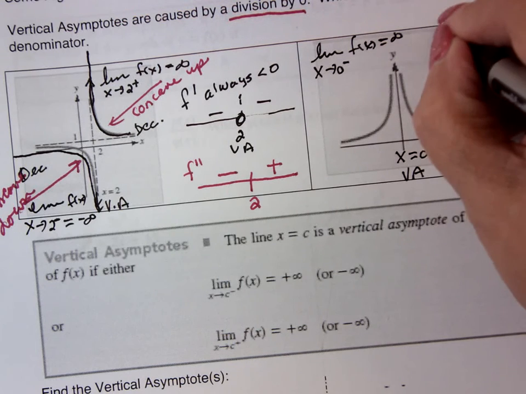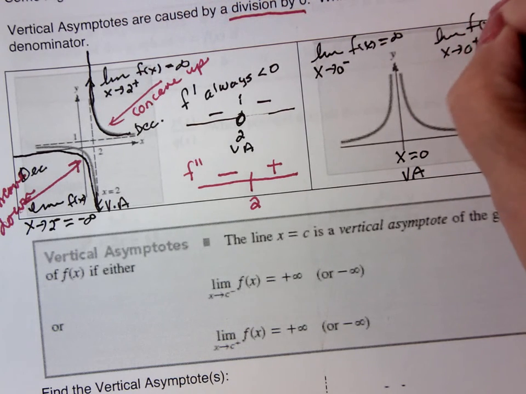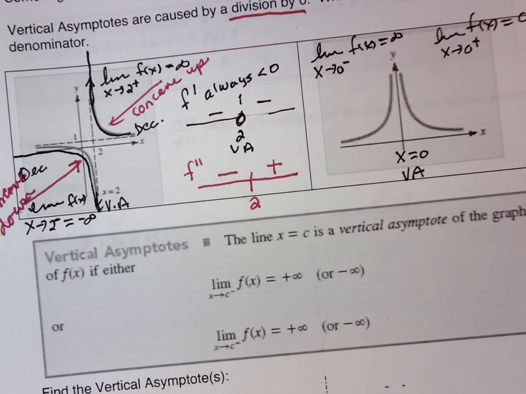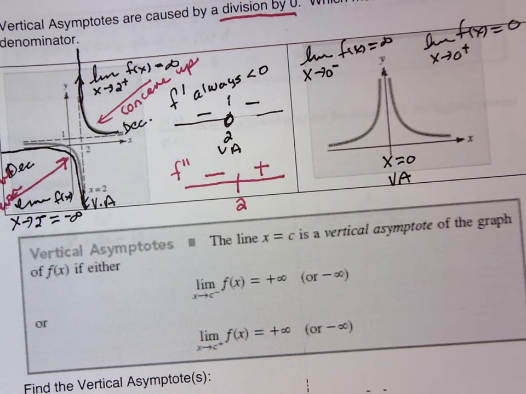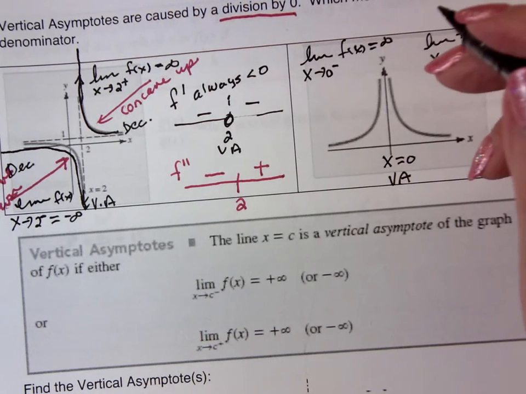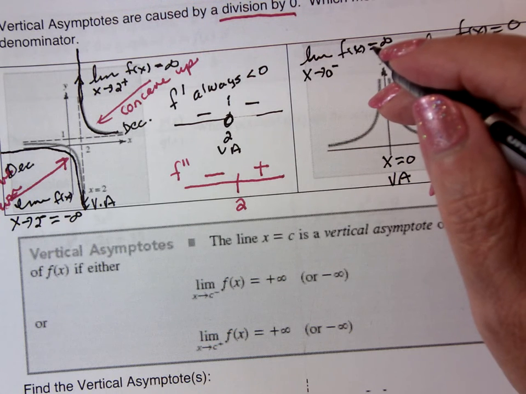And I take a look at the limit as x approaches 0 from the right, it's also infinity. That says I have a VA because it's going to infinity to the left and the right of some numerical value.